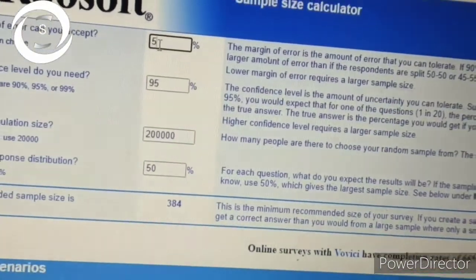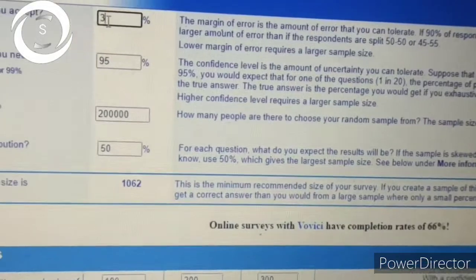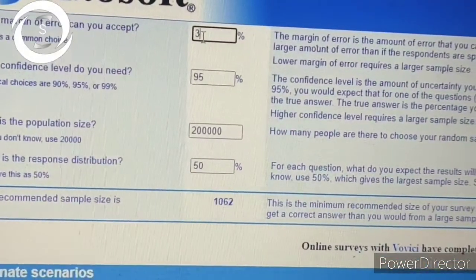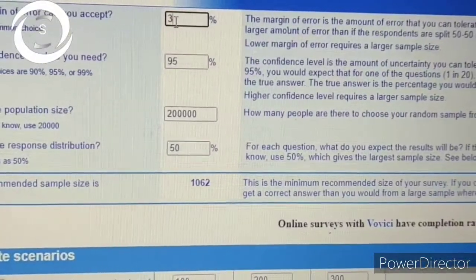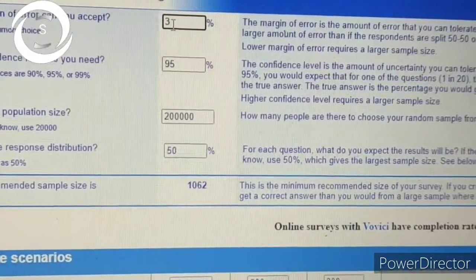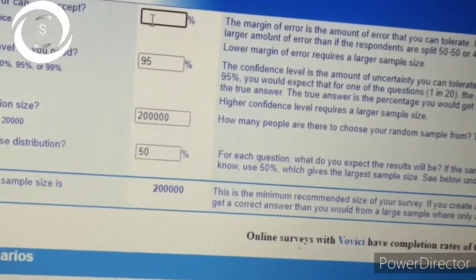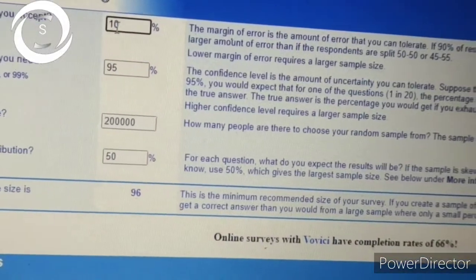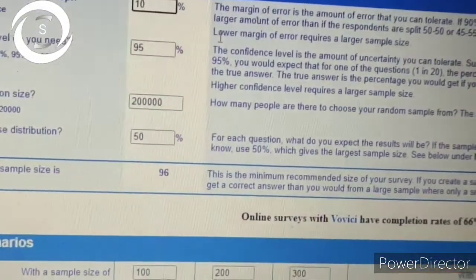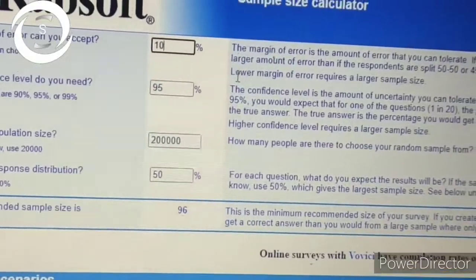If you decrease the margin of error to 3, then the sample size becomes 1000. If you increase the margin of error to 10, then your recommended sample size becomes 96.